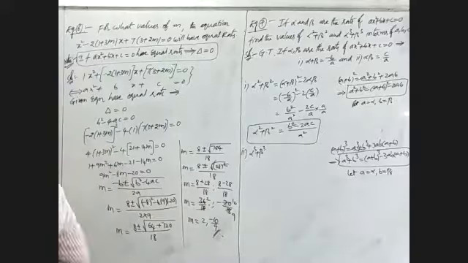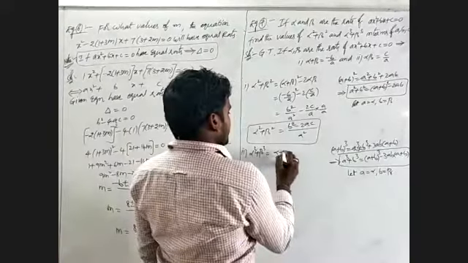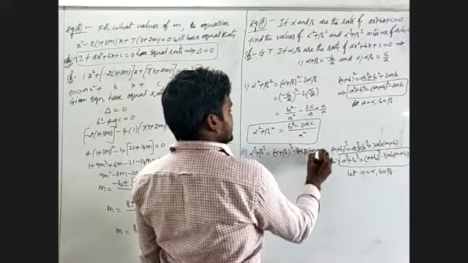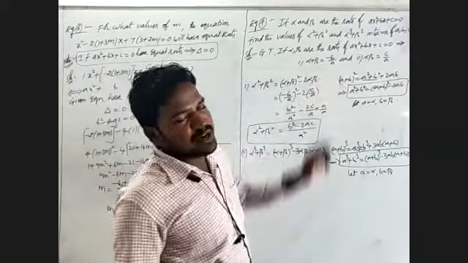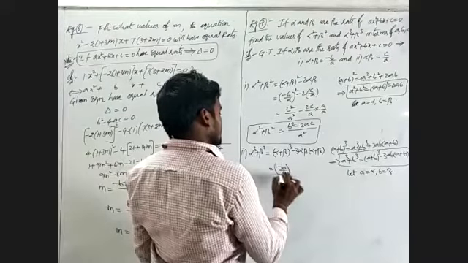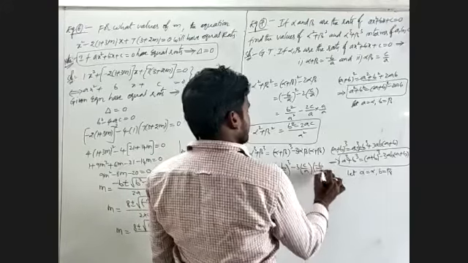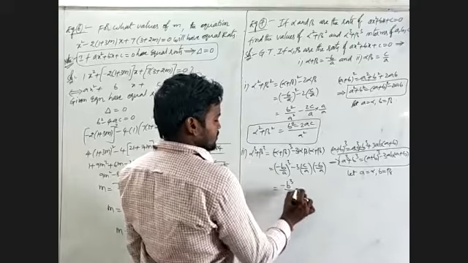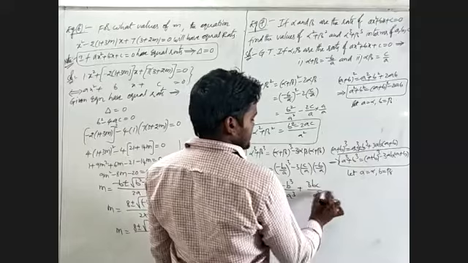That means the given one can be expanded as alpha plus beta whole cube minus 3 alpha beta into alpha plus beta, where alpha plus beta is nothing but minus b by a. I will write minus b by a whole cube minus 3 into c by a into minus b by a. That is the value minus b cube by a cube, minus into minus will become plus 3bc by a into a, which is a square.